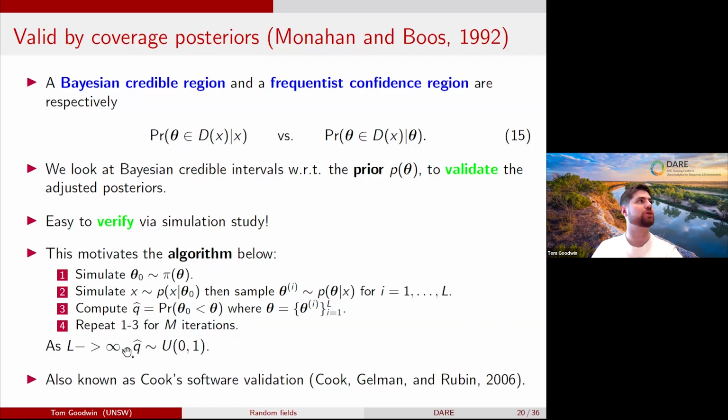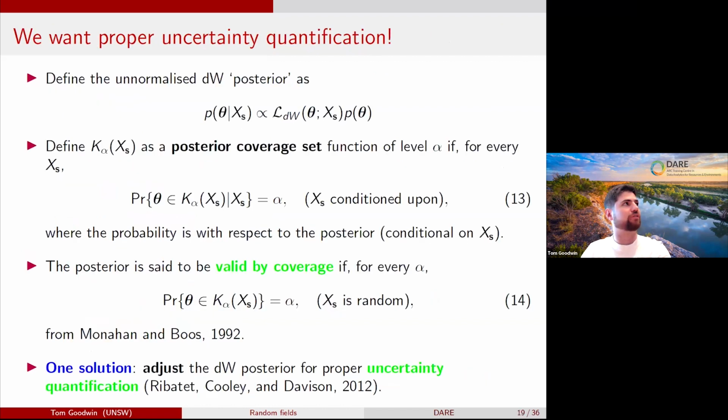And this should be uniformly distributed. So this is a nice simple way to validate if your posterior has proper coverages.